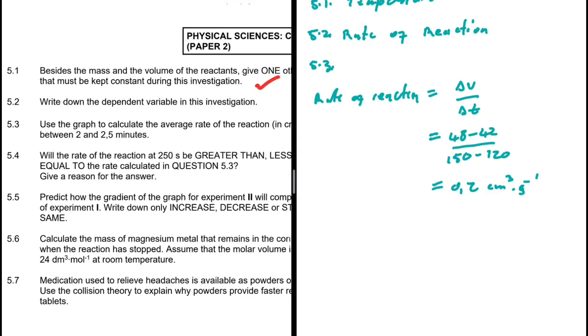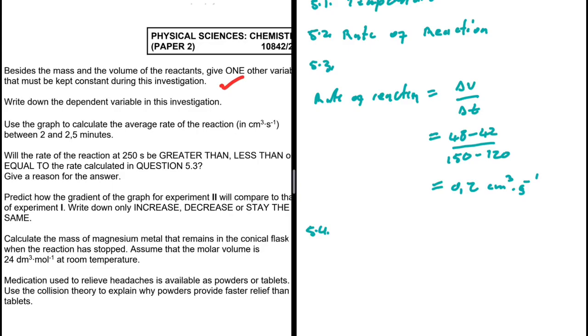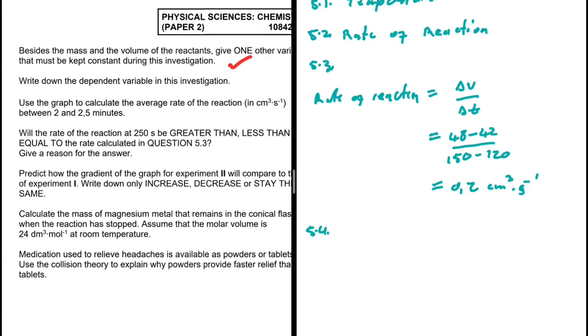Let's take a look at 5.4. Will the rate of the reaction at 250 seconds be greater than, less than, or equal to the rate of reaction in question 5.3? Give a reason for the answer. So at 250 seconds, it is going to be less than. Why do we say that?